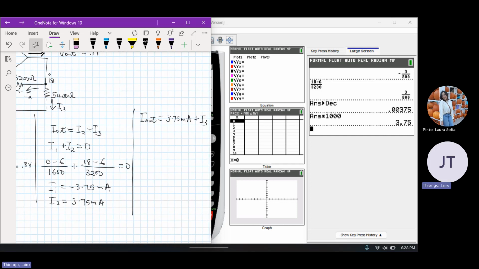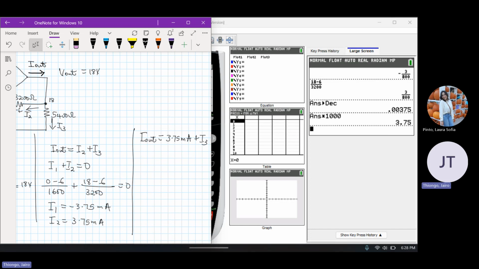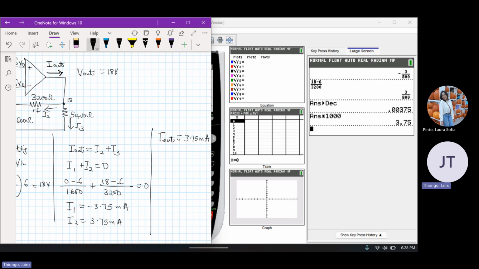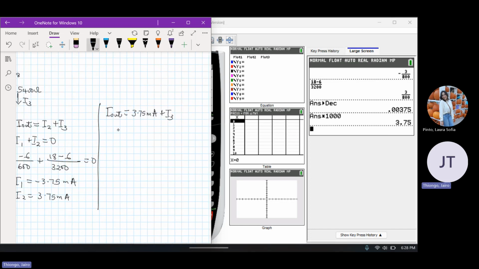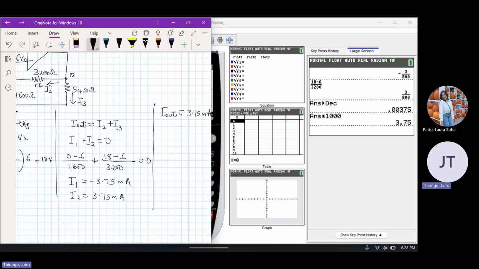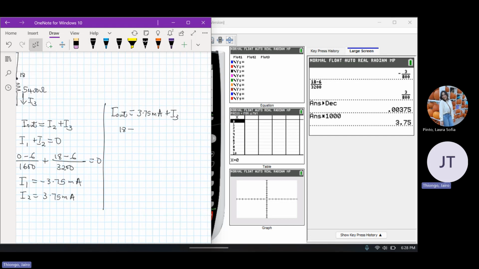At this node, the voltage, since it's connected to the V out of the op-amp, will be 18. And the direction of the current is downwards, so it will be 18 minus 0 over 5400.